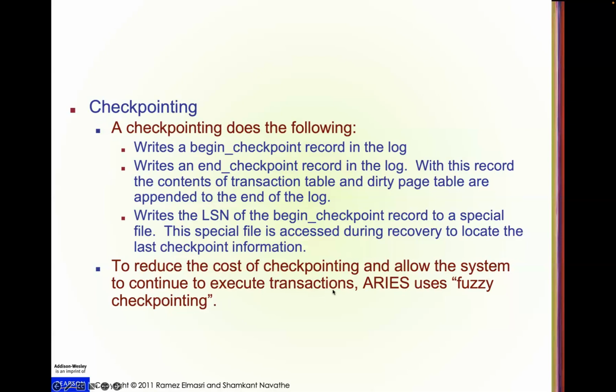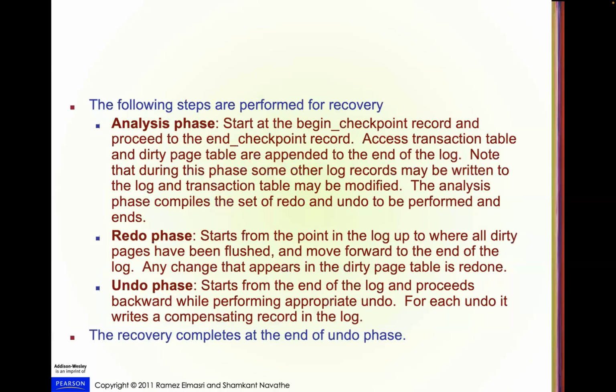ARIES uses a fuzzy checkpointing technique. So it's like, you have checkpointed from page 1 to page 5. Then if some recovery has to be done, it will continue from this checkpoint after 5. Now, a quick recap of understanding how the analysis is done using the checkpoints.